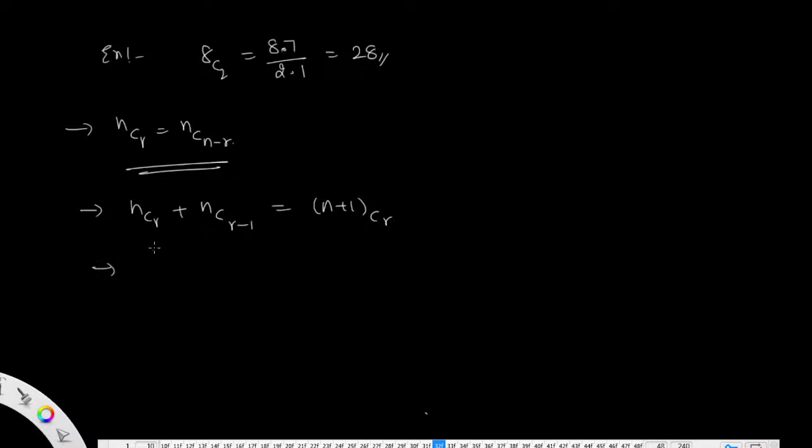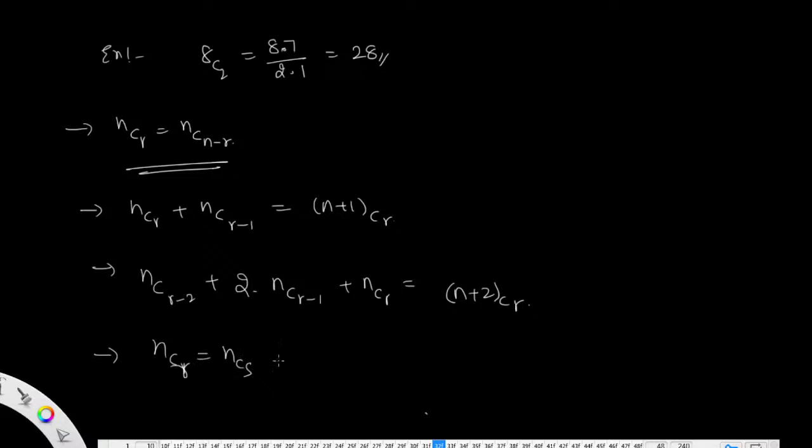Next formula is nC(r minus 2) plus 2 into nC(r minus 1) plus nCr equal to (n plus 2)Cr. This is the most important thing. Then another formula we learned: nCr equal to nCs, then r equal to s, or n equal to r plus s. Based on these we have learned some formulas.